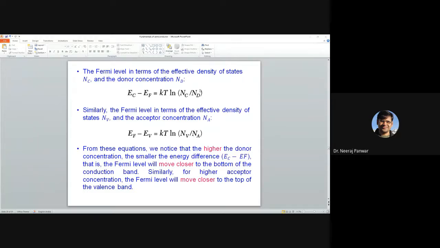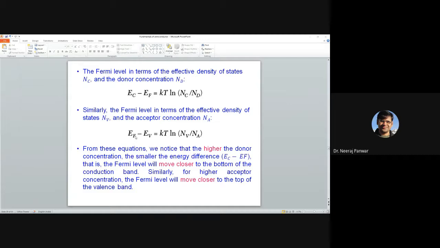From these two expressions, we can see that if we increase Nd or Na, which are both in the denominator, the ratio Nc over Nd will decrease, so the natural log will decrease, and the difference between Ec and Ef will decrease.